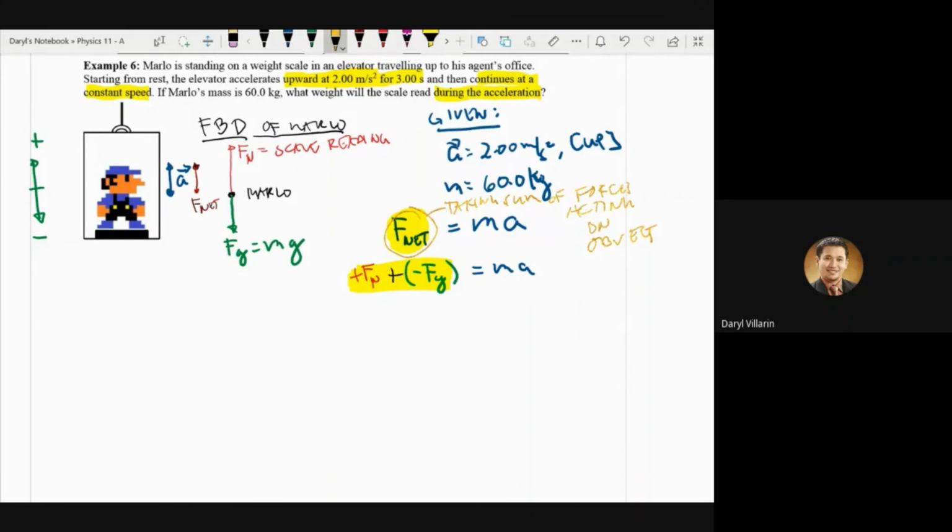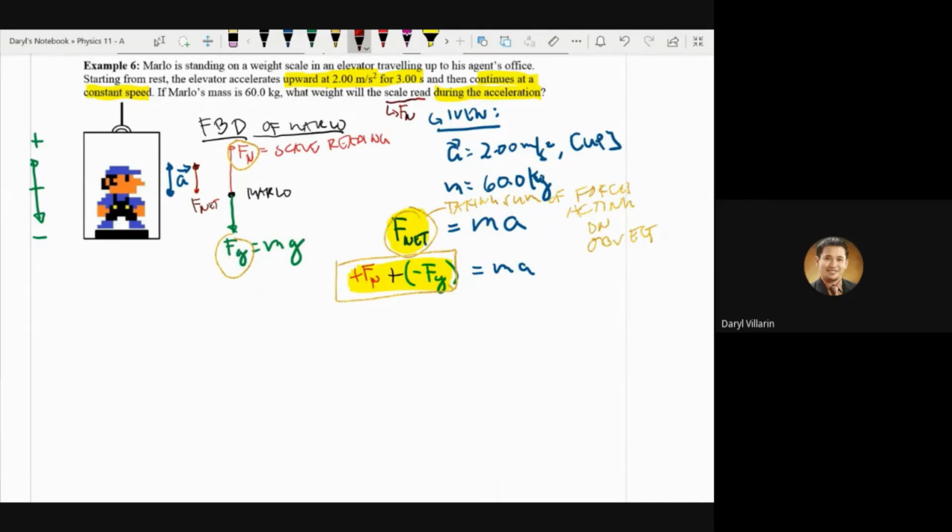That's how you use your free body diagram. There are two forces, Fg and Fn, and remember that you're solving for Fn in this case, the scale reading.